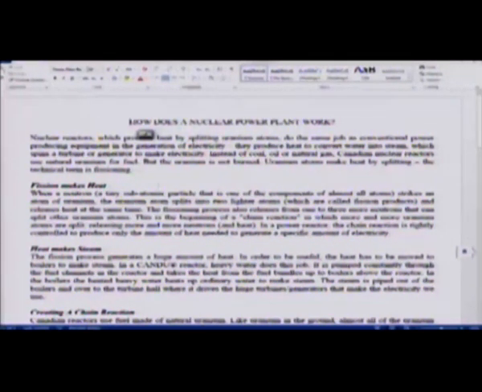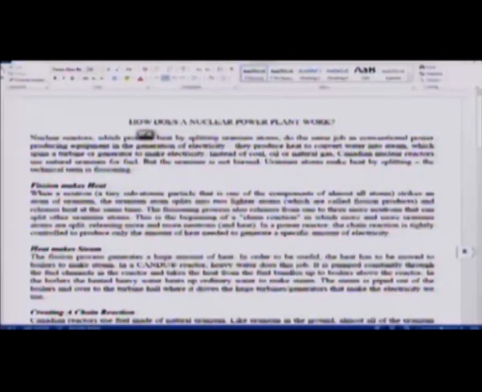So, the introductory paragraph very briefly explains the process and the rest of the text goes into detail. The first paragraph focuses on this process called fissioning. If you look at this, when a neutron, then what is a neutron? It is defined here. Then it strikes an atom of uranium and it splits into two lighter things, and this is the process of fission.